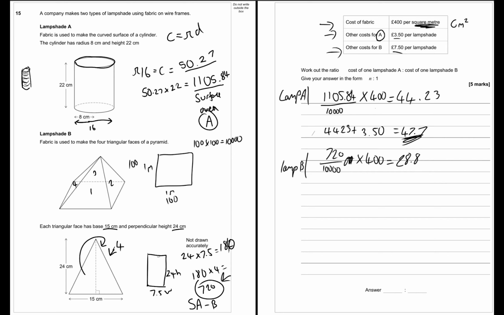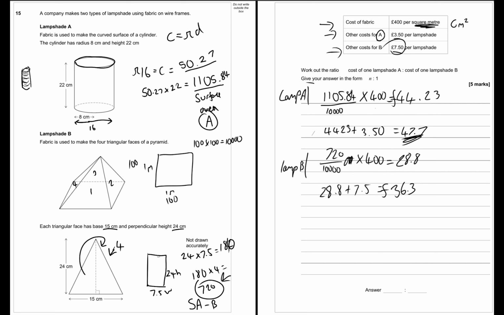Now we need to add the other costs, which are up here. So we need to add 7.50 to this. So 28.8 plus 7.5 equals 36.3. So now we've got the cost of lamp A and lamp B.